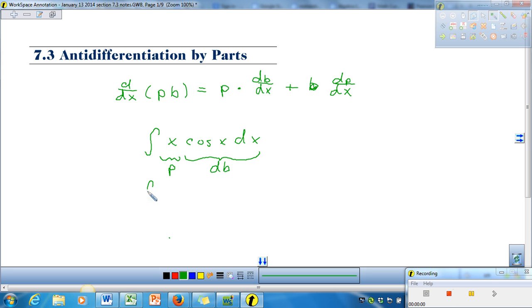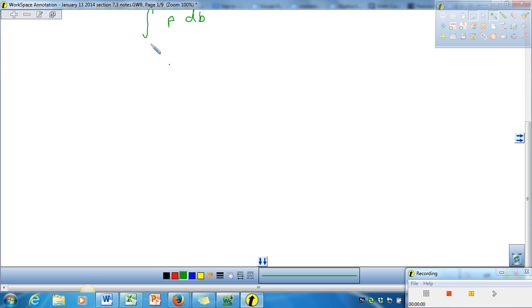So if I can find a way to integrate the form, the integral of p db, then I would be able to find a way to integrate a product that will work for some integral.